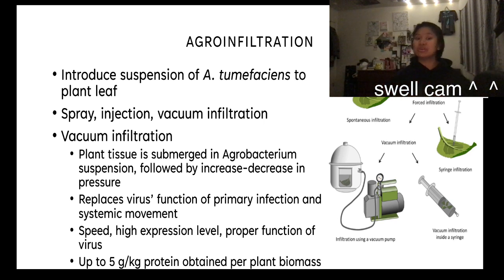This approach is very speedy and it has high expression levels and proper function of the virus. And up to 5 grams per kilogram of protein is obtained per plant biomass.